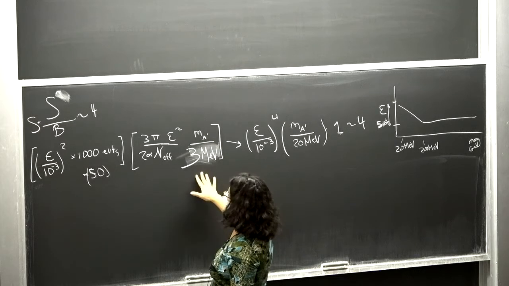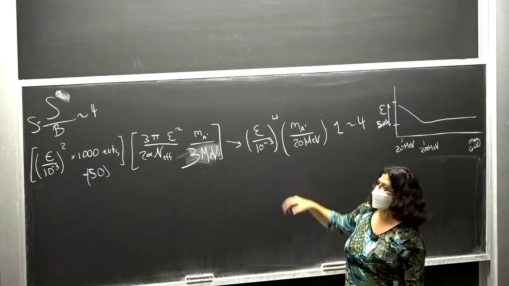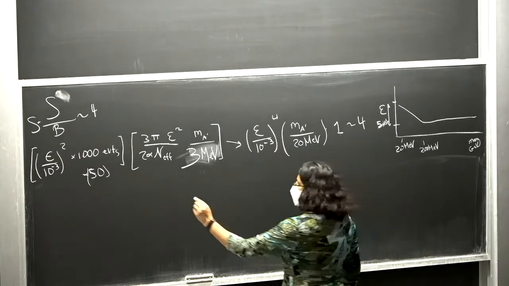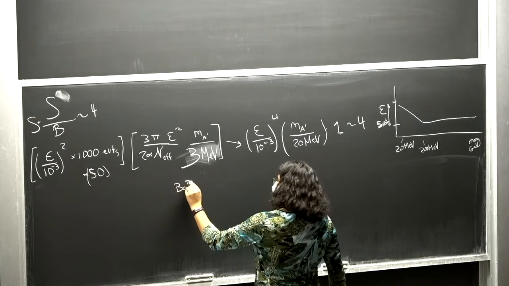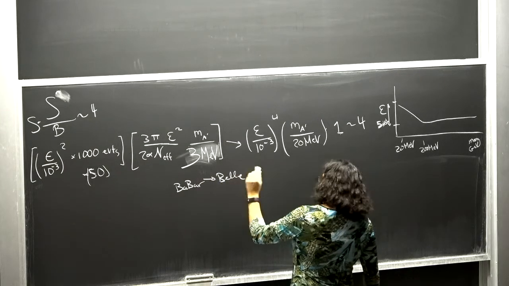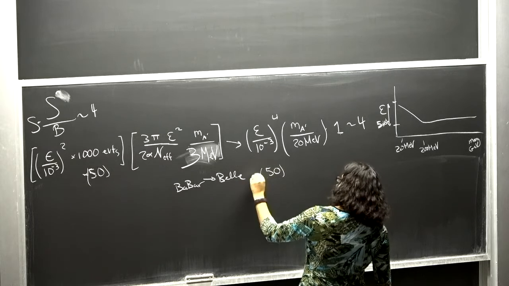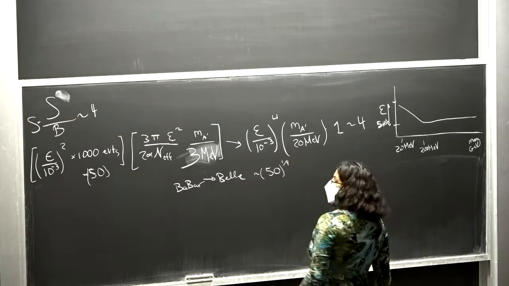But that's not going to improve dramatically. And this yield sensitivity went like epsilon to the 4th. So in practice, Babar to Belle, here you'd expect to improve sensitivity by something like 50 to the 1/4 power.